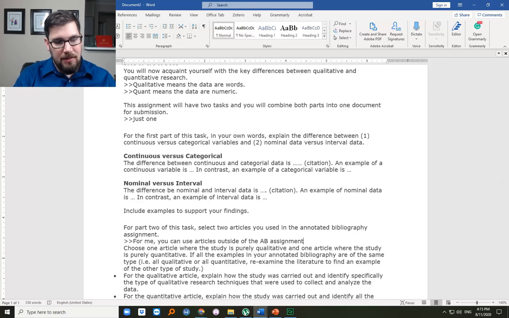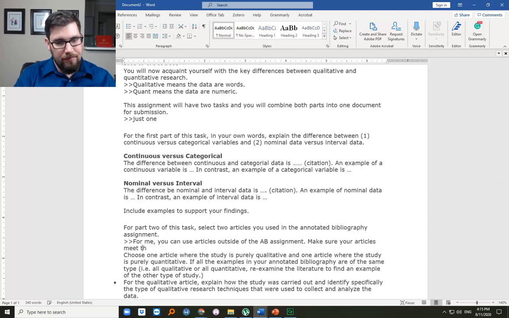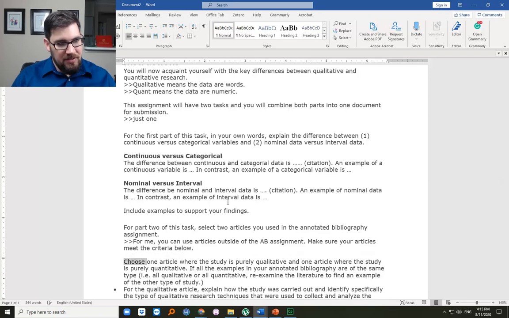And the other thing to note here is to make sure your articles, let's do this. So you need one article that is purely qualitative.